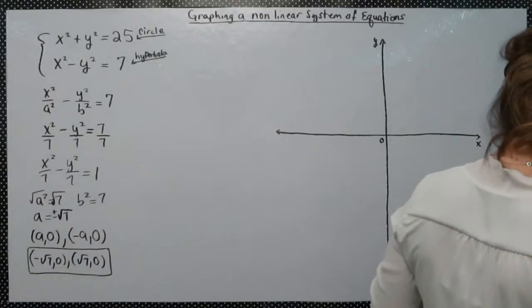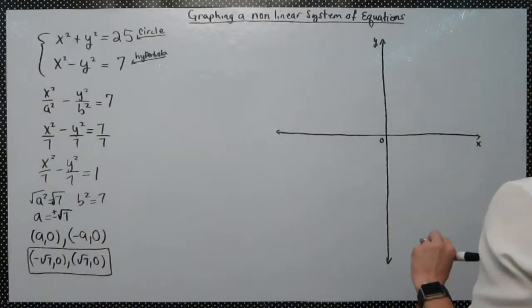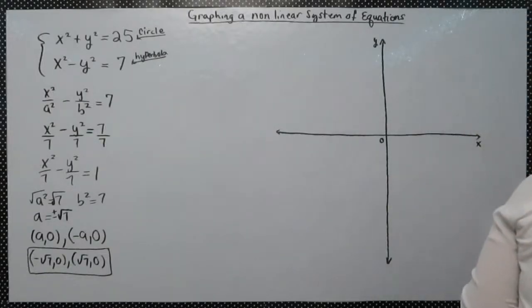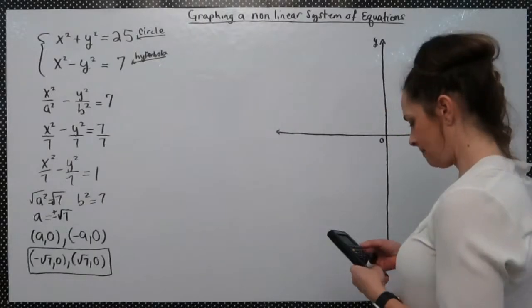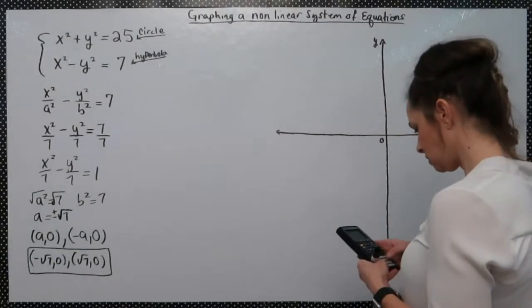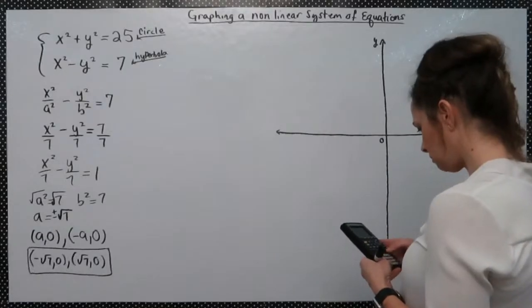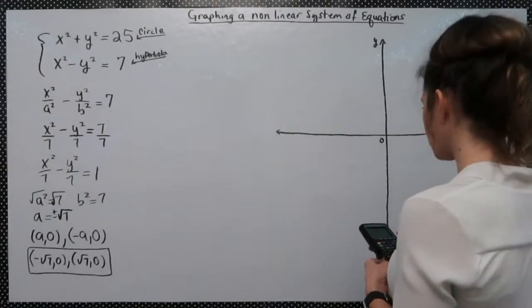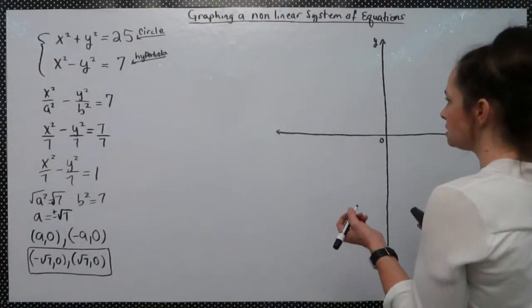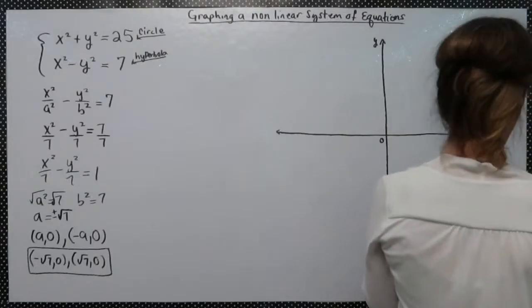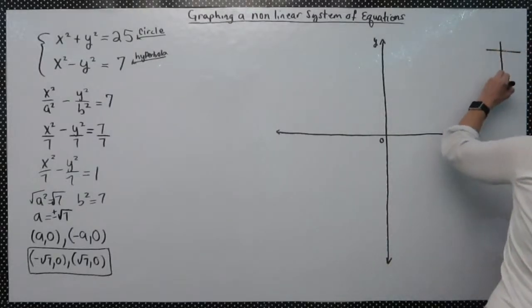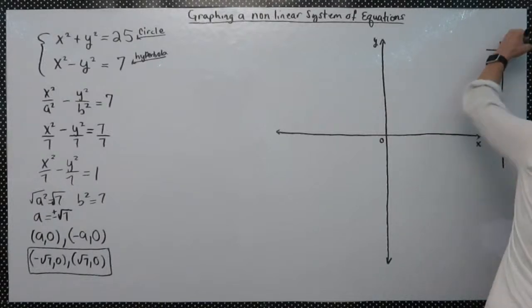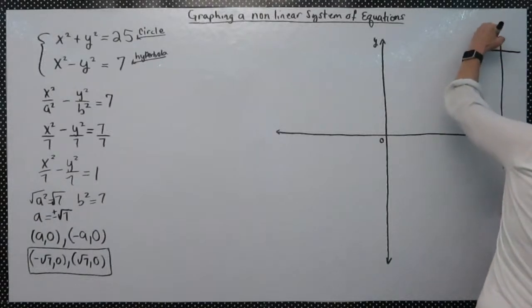And I probably should have graphed it earlier, but that's okay. So I have to get my calculator out and figure out what radical 7 is. Square roots. But I need my table. So I'm going to put the table over here. I can leave enough room ahead of time.